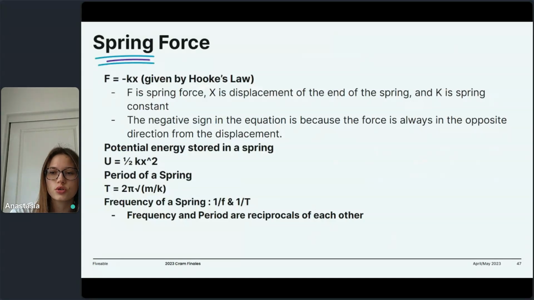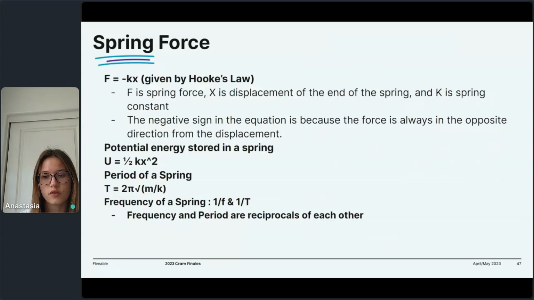The potential energy stored in a spring is U equals 1/2 kx squared. And the period of a spring is T equals 2 pi root m over k, where m is your mass and k is your spring constant.